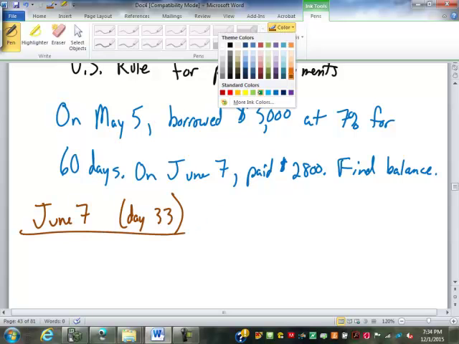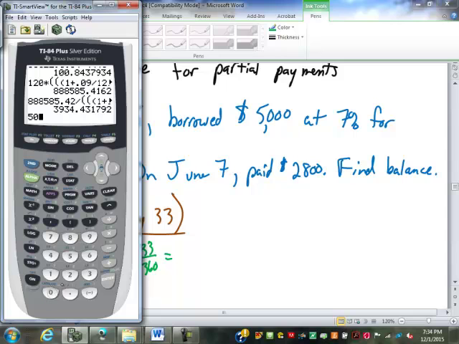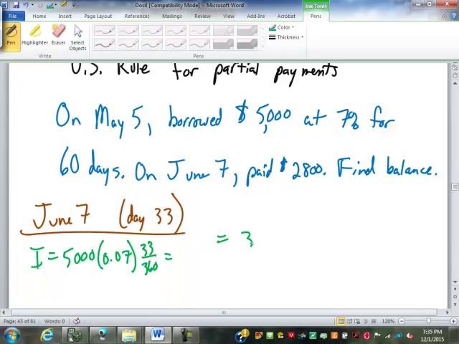So we're going to find our interest before we do anything else. $5,000 times 0.07 times 33 over 360. $32.08 is our interest.